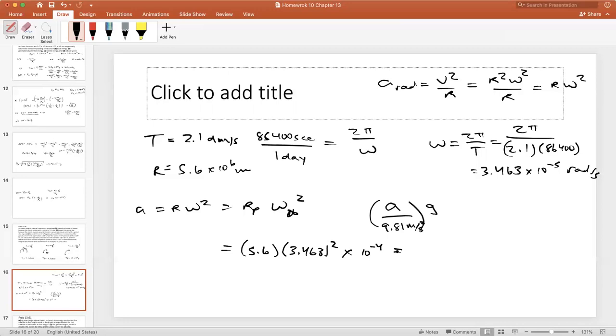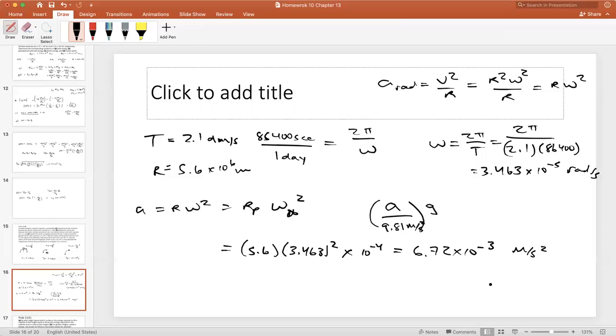Okay, so 5.6 times 3.463 times 3.463 gives me 67.157 times 10 to the minus 4, or about 6.72 times 10 to the minus 3 meters per second squared.